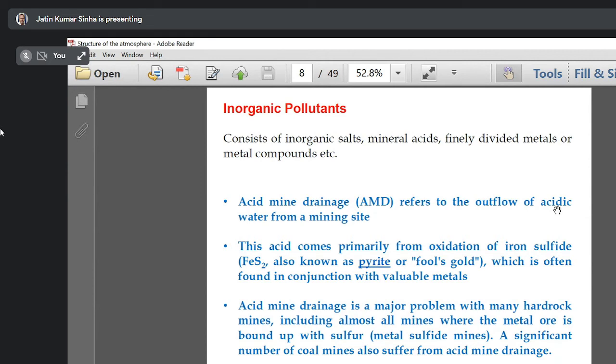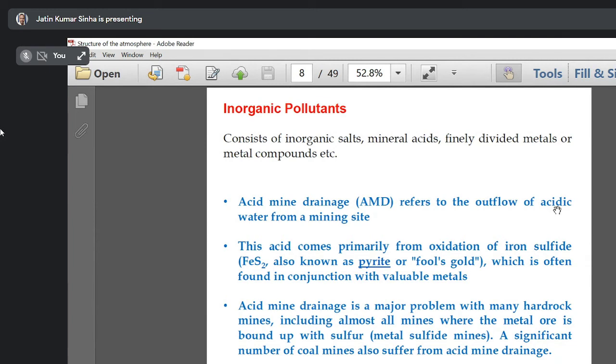This happens due to iron sulfide, which is known as pyrite and commonly known as fool's gold due to its color. The color is very close to how gold looks, so that's why it is known as fool's gold.